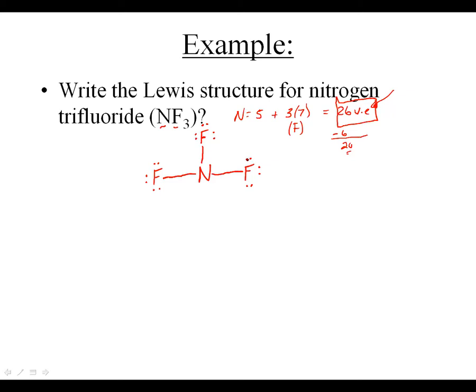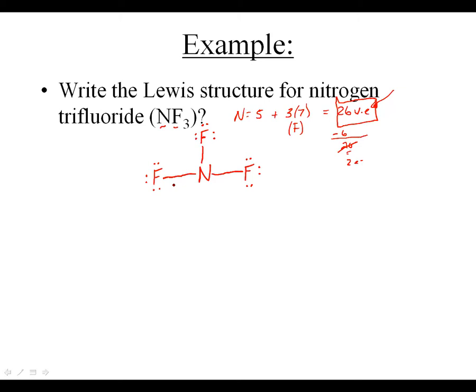So I'm sorry, I think I miscounted. I'll learn to count one of these days. Try that again. 2, 4, 6, 8, 10, 12, 14, 16, 18, 20, 22, and 24 electrons. So we've now used 24 electrons, which leaves us just 2 electrons still to go.